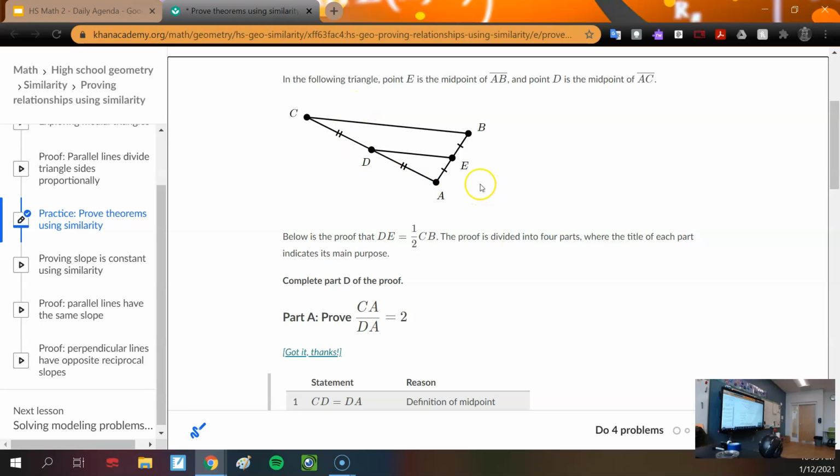What postulate can I use, or what theorem? Like side, side, side, side, angle. Can't use angle, side, side. That's a bad one. So I proved that CD is equal to DA and that the whole length CA is double AD. I proved that the whole length AB is double AE.